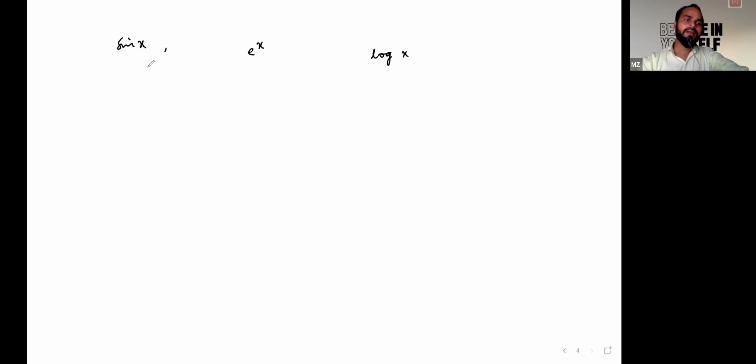In these expressions, we have this x. What does this x define? For any trigonometric function, if x is related to it, it defines an angle.